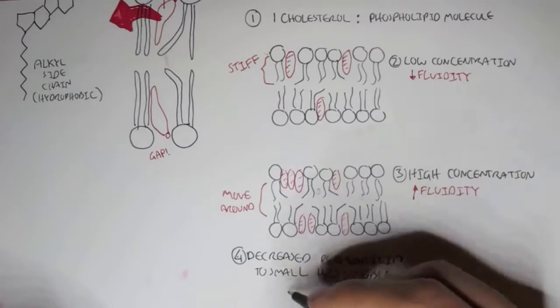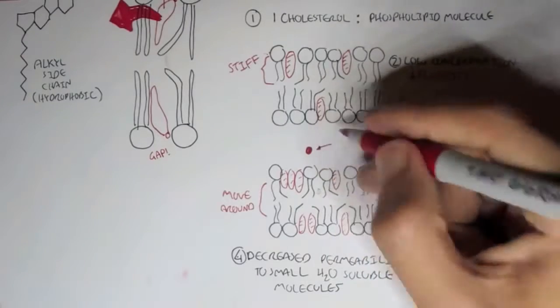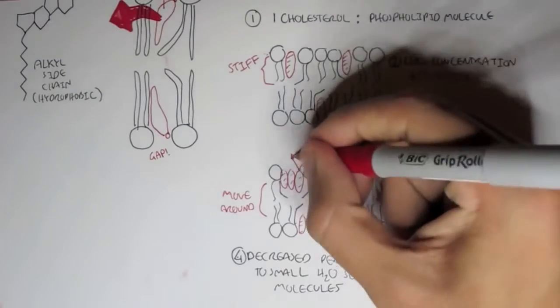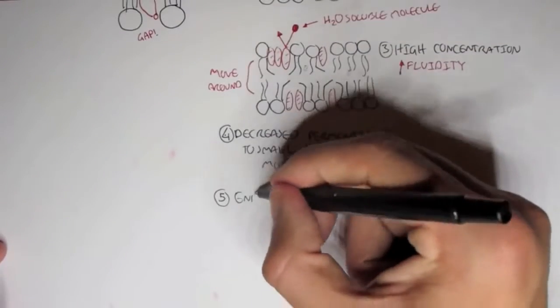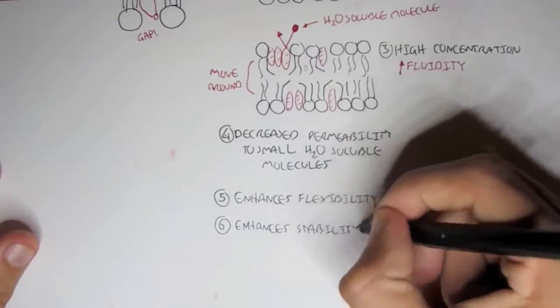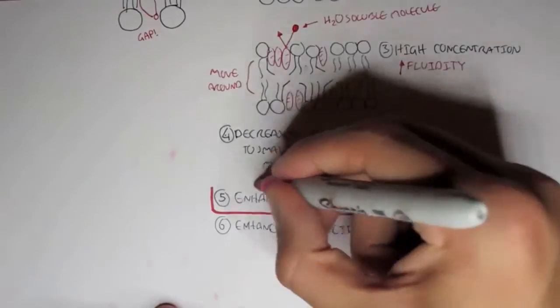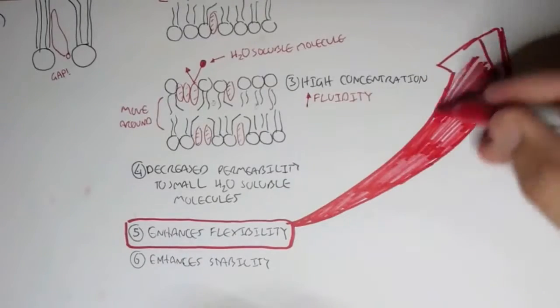Also, cholesterol decreases permeability to small water-soluble molecules. So here we have a water-soluble molecule. It decreases permeability of that molecule. Fifth, importantly, cholesterol enhances flexibility. And sixth, cholesterol also enhances stability.